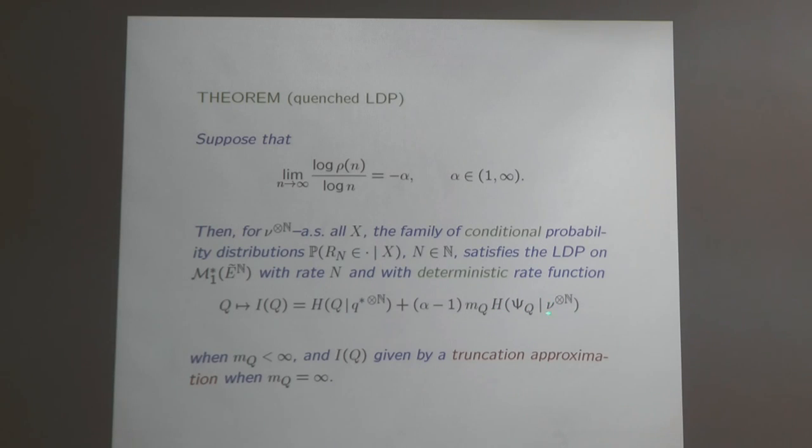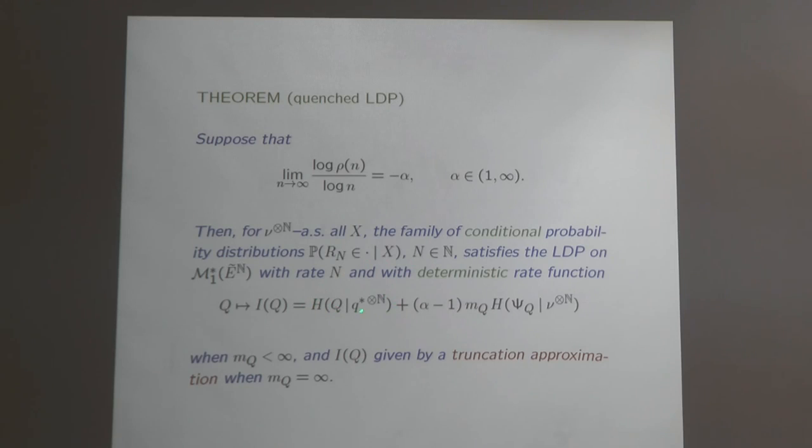This is the original letter distribution. This is the projection of q onto the letters, and I'm again having here a specific relative entropy of what the q projection would give on the letters compared to the reference law of the measures. Just like I had here the specific relative entropy of the entire q with respect to the entire typical value of q. And now my rate function is a sum of two parts.